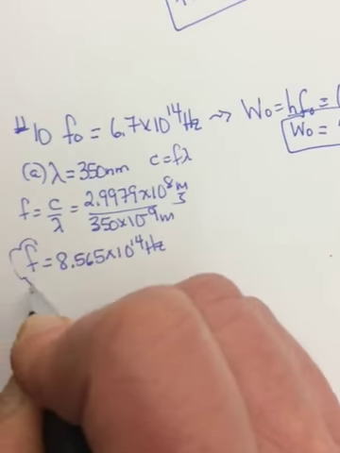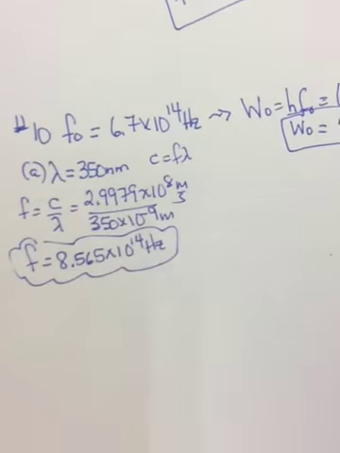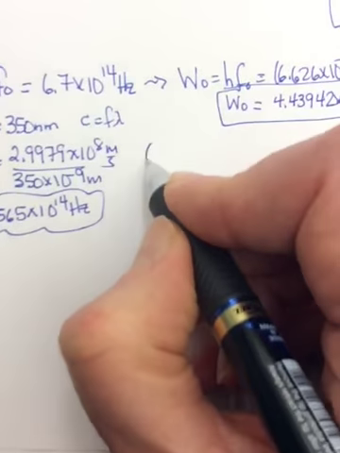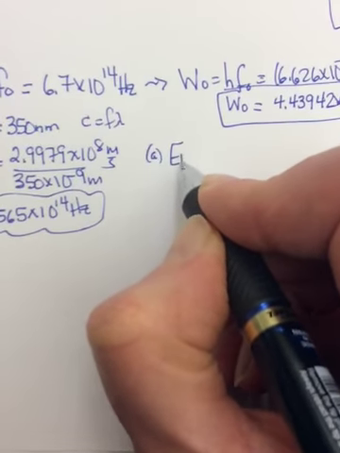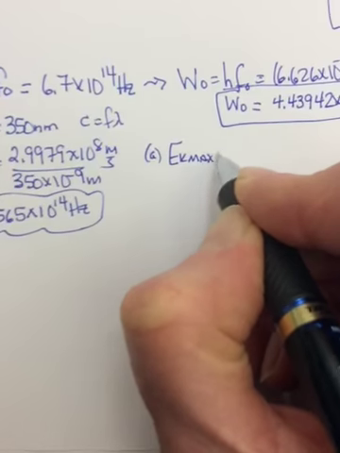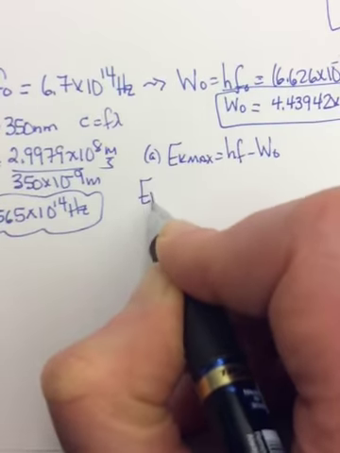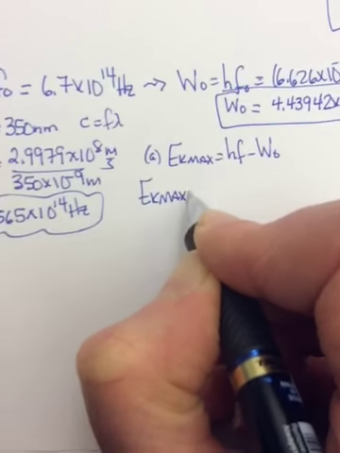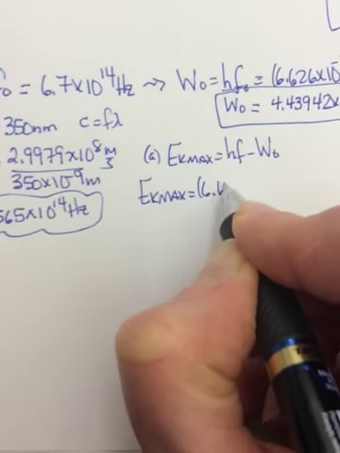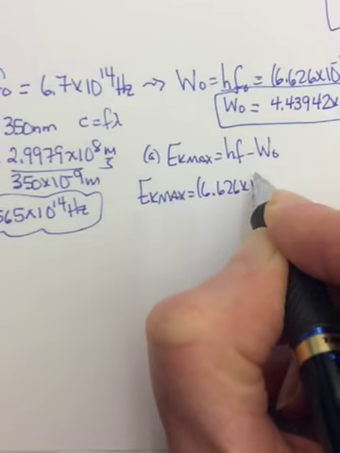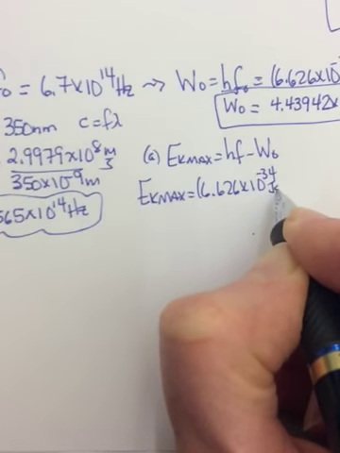So once we have this, now we can find our maximum kinetic energy. Okay, so EK max is equal to HF minus WO. So EK max is equal to 6.626 to the negative 34 joule seconds.